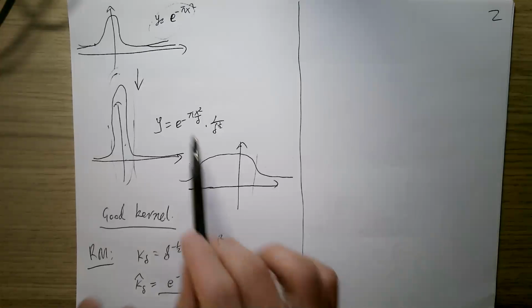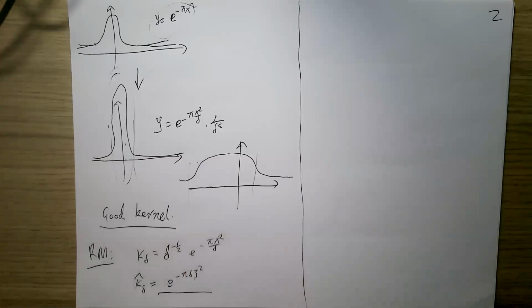But of course, now the parameter here is delta instead of capital N. And then under our new configuration, probably we need to define the convolution in a new context, based on the new Fourier transform context.